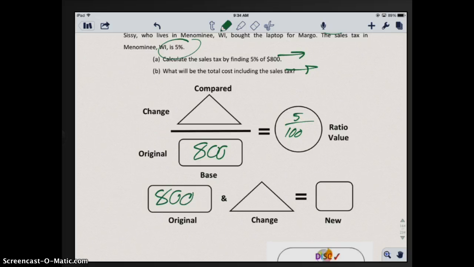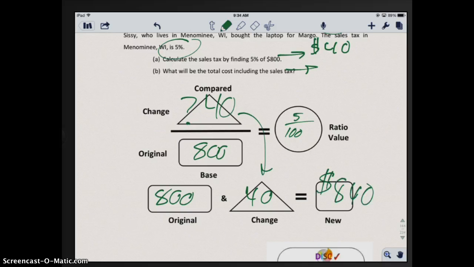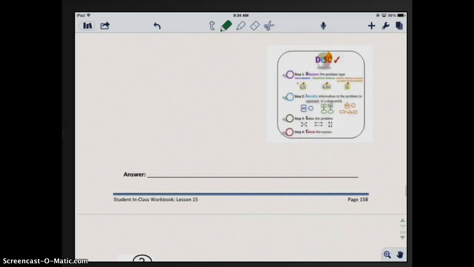That's $800 there. So we have to figure out how much, we cross multiply here, and it gets $40. So that's $40. How much was actually added on? So then it's pretty obvious that it's going to be $840 total that her aunt paid.